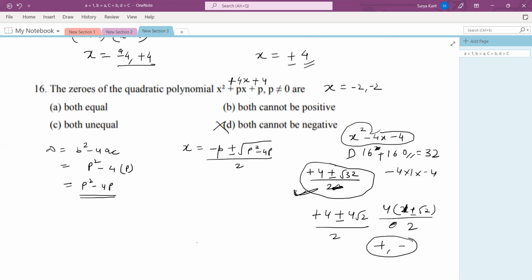Here by the formula, we are not getting that. Drishi, we can't hear you properly. Some awkward sound is coming from your side.